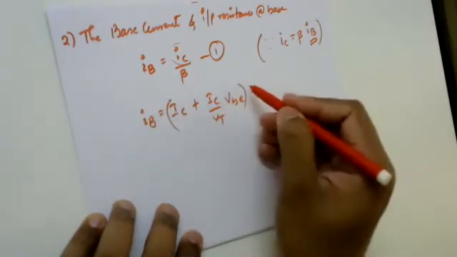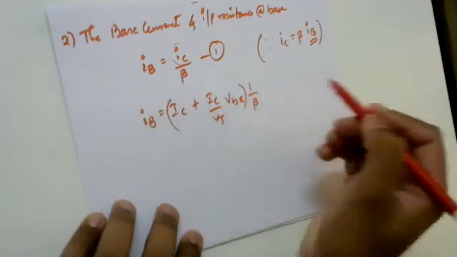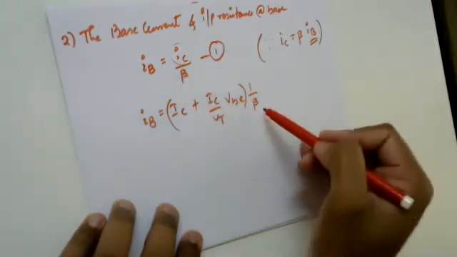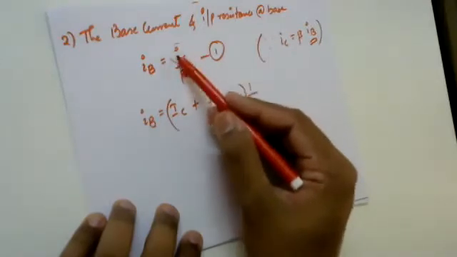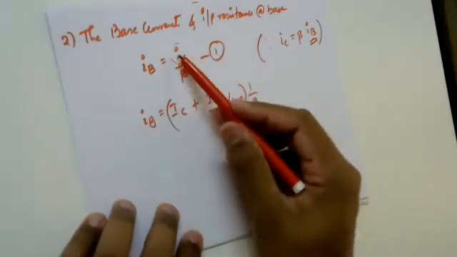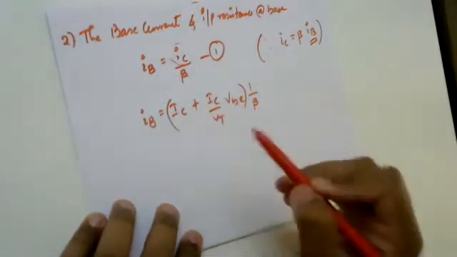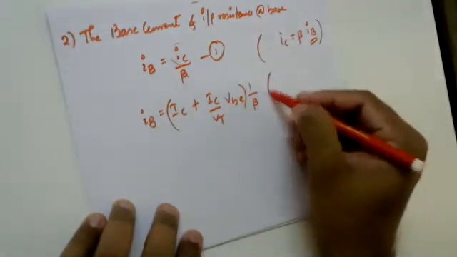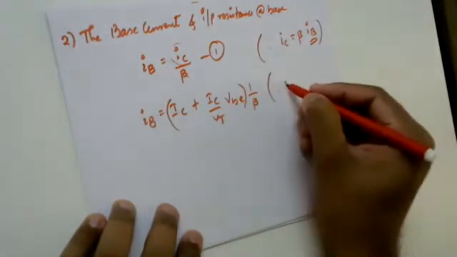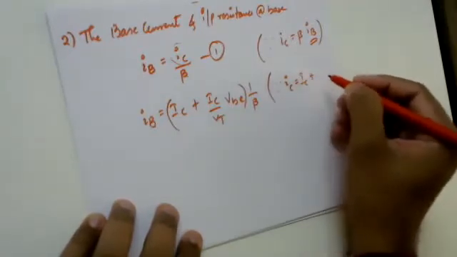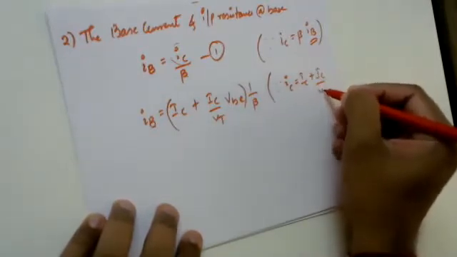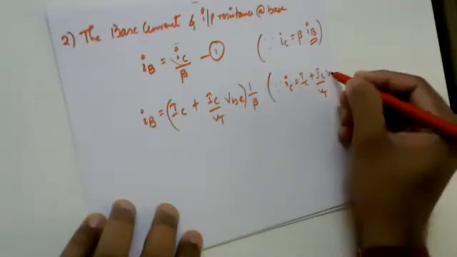This whole term I'm going to divide by beta, so this term is as it is with 1 by beta. I'm just expanding this term. From my previous expression, I know that my IC is equal to a DC component IC plus IC divided by VT into VBE.